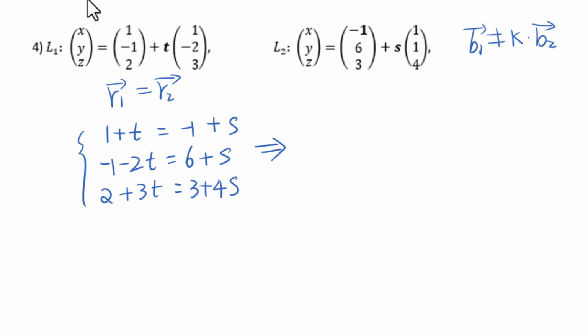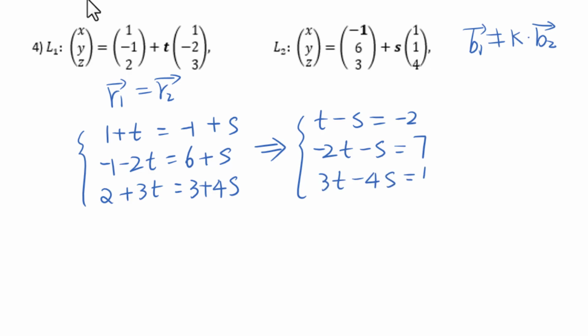For this system of 3 linear equations, change into t and s equals constant form. t minus s equals -2. -2t minus s equals 7. 3t minus 4s equals 1.